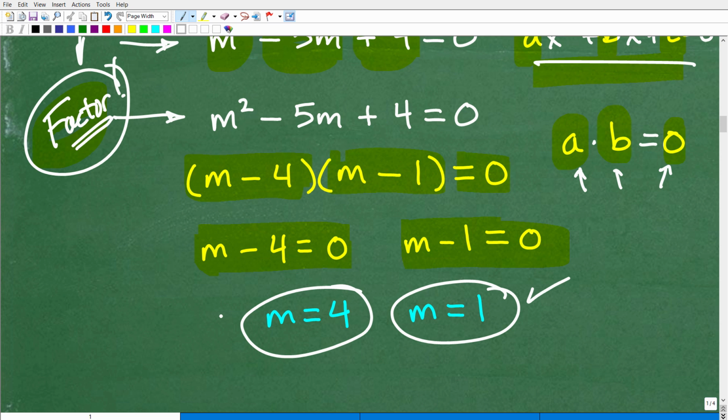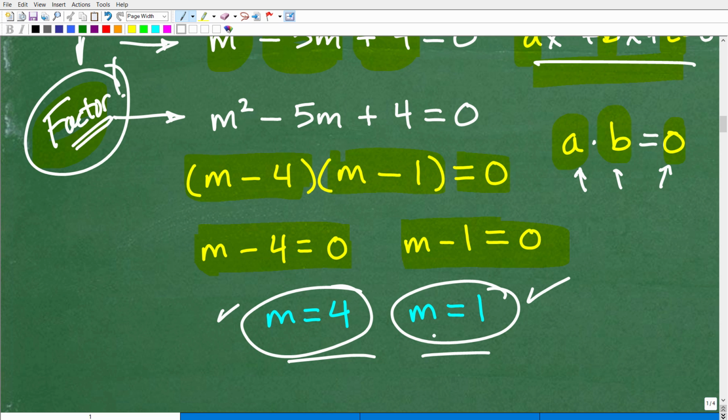Now, at this point in the problem, we are done. But because this is a rational equation, we need to check these solutions, okay? Because you could possibly end up with what we call extraneous solutions. It's always a good idea to check your solutions, and this is really not an optional thing.